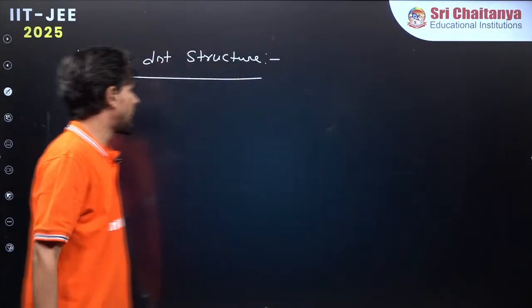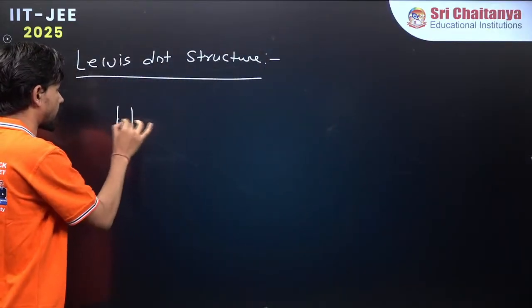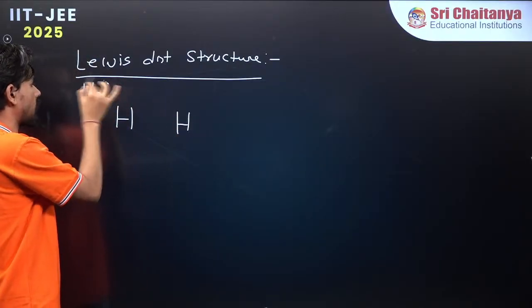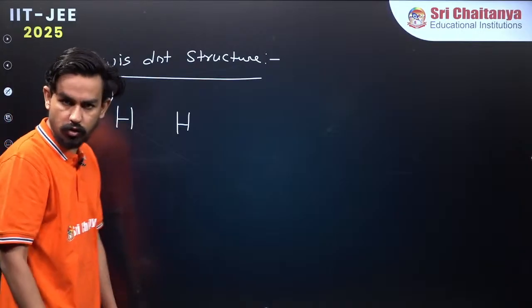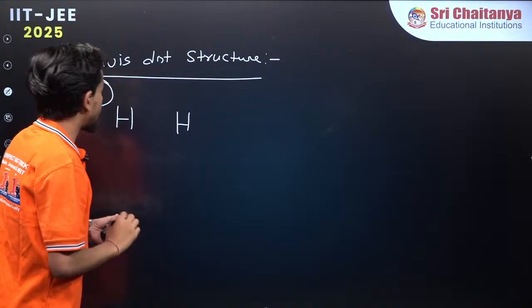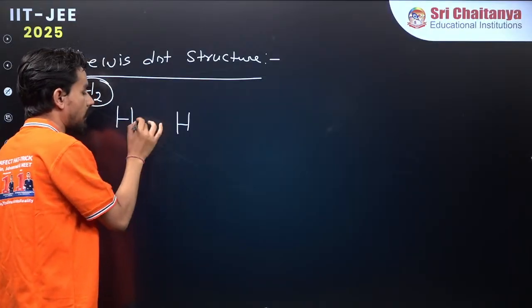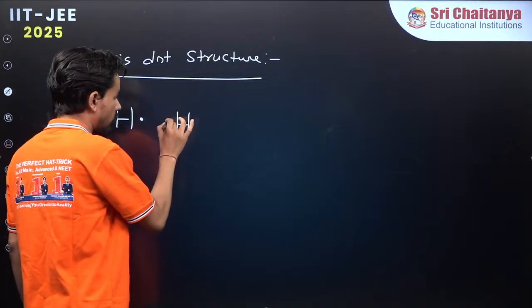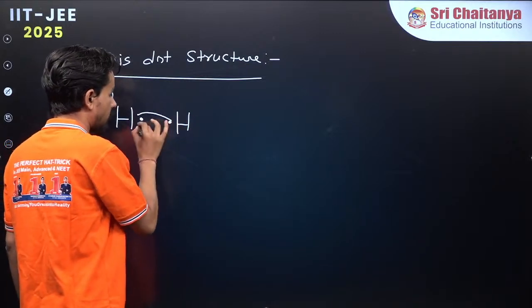For example, let us think about hydrogen and hydrogen, the H2 molecule. Tell me how many valence electrons hydrogen has? 1. Here also 1. And the duplet is complete.